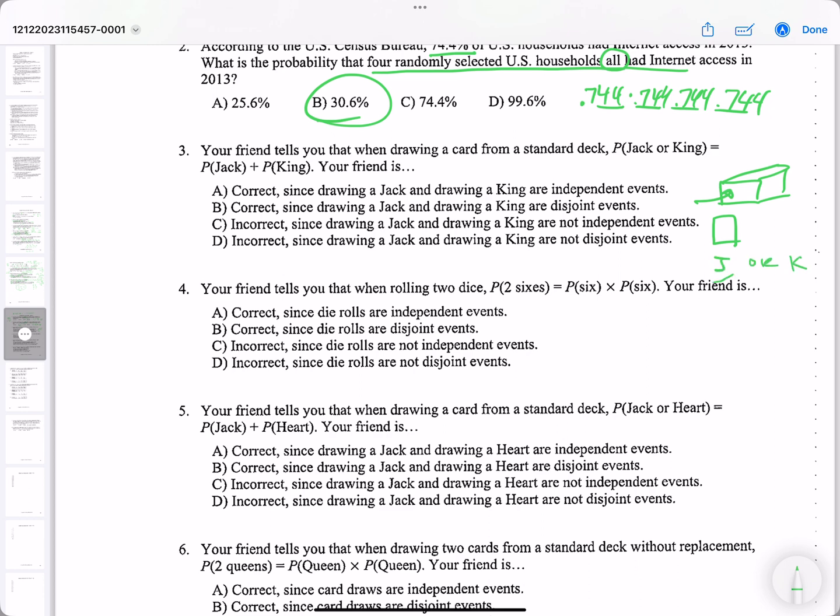So I would add up the probabilities to get a jack and the probabilities to get a king, because a jack or a king, if I'm selecting one card, are disjoint, or mutually exclusive, events. Because they're disjoint, we would add them because there's no overlap.